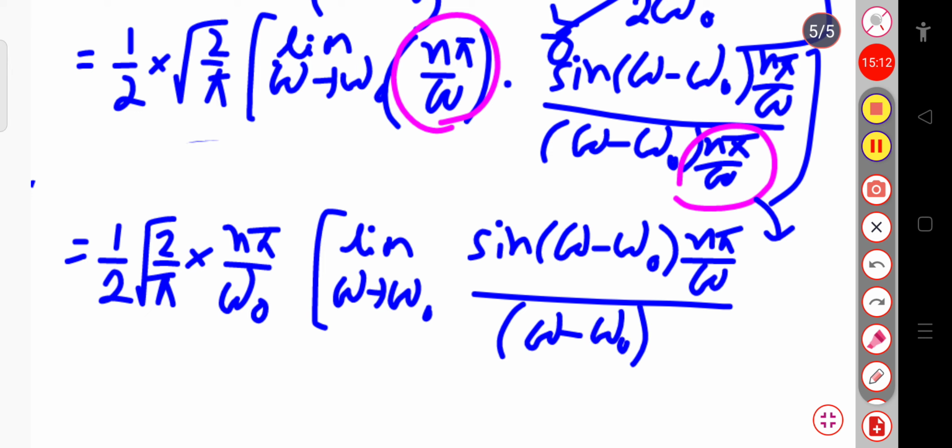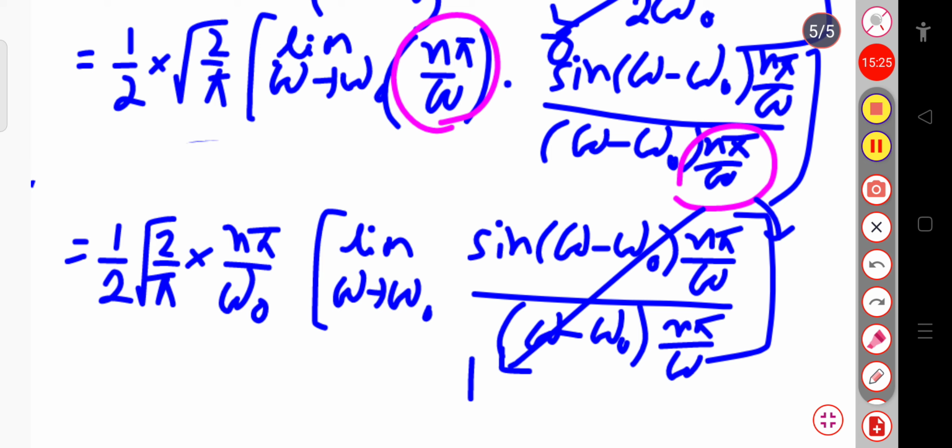By applying the L'Hospital rule, this total value is 1 if limit omega tends to omega naught.